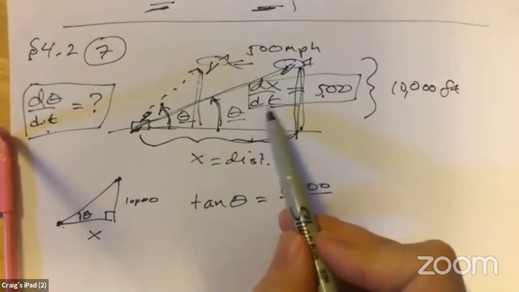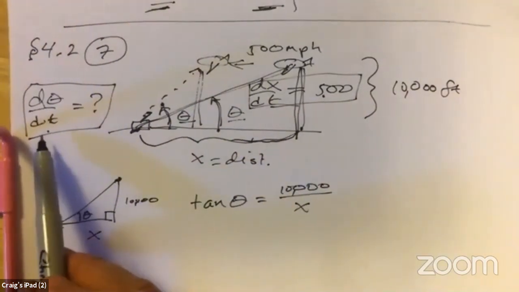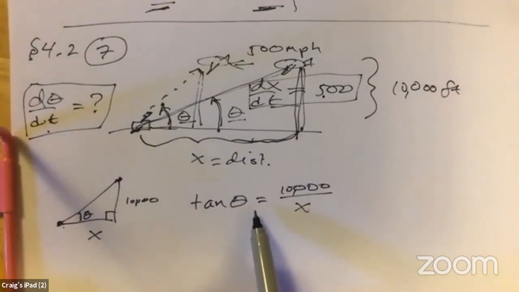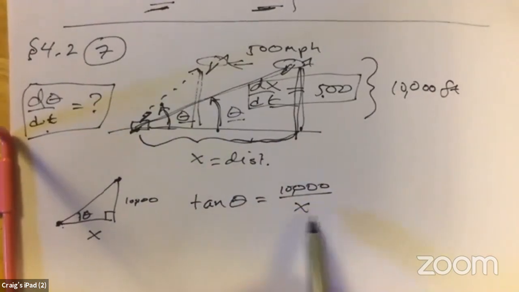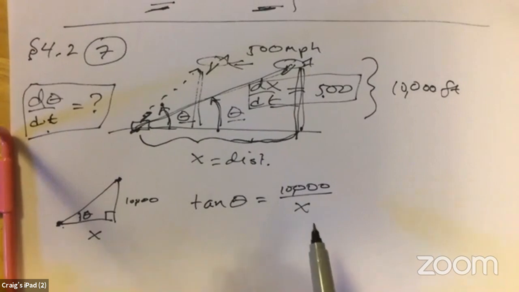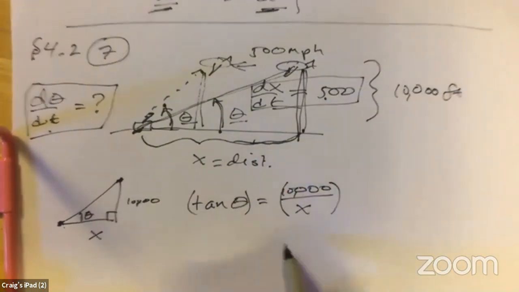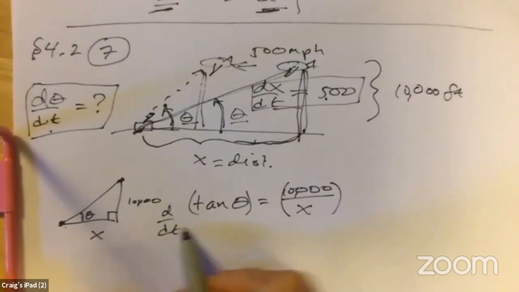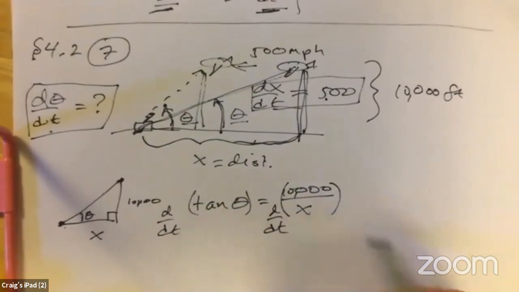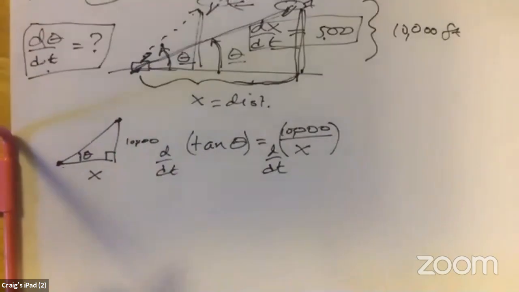We know dx dt, we're looking for d theta dt. So what we do is we now differentiate both sides of the equation with respect to t. At this point, I just want to hit d dt on both sides, and that's the rest of the game. Now the rest is just using your calculus.